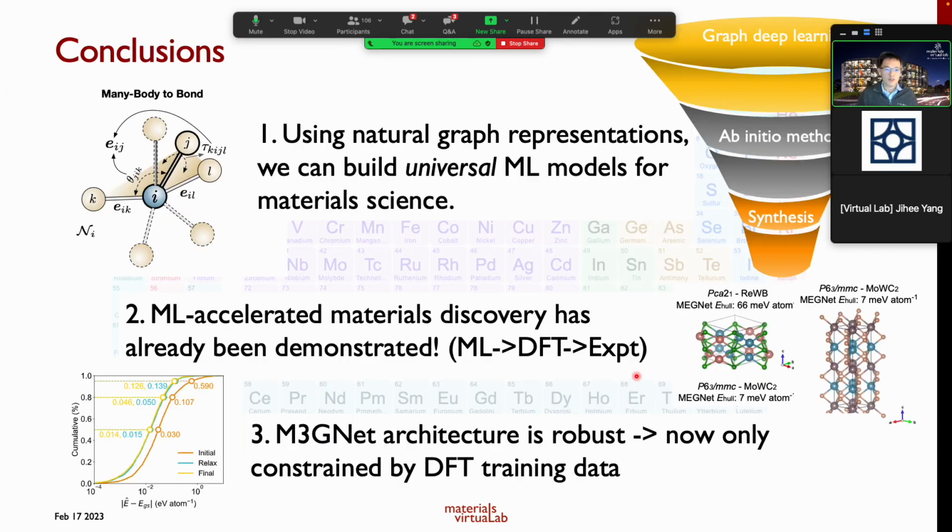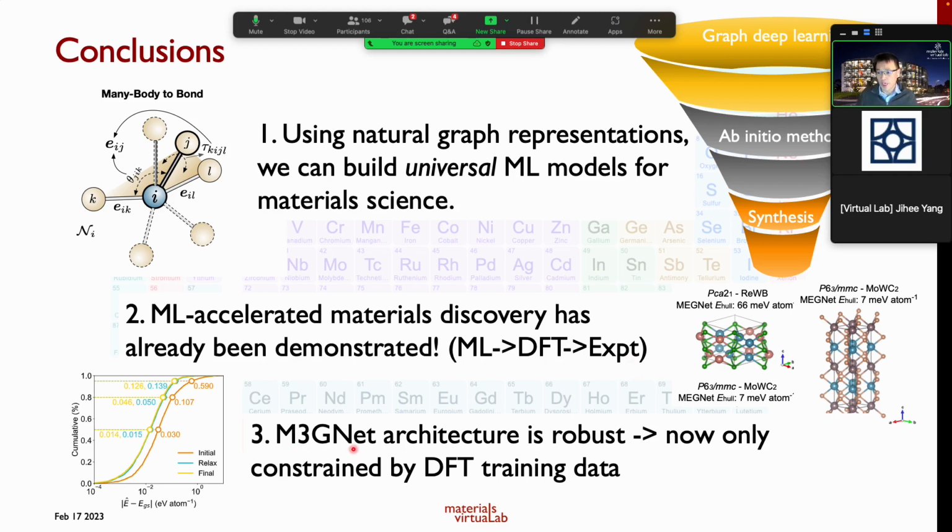And just to conclude, graphs are a very natural representation for materials, and in fact, with graphs, you can build universal machine learning models. Machine learning accelerated materials discovery has been demonstrated even without M3GNet. So I am very confident that machine learning will be a very powerful tool for us in exploring new materials for various applications.